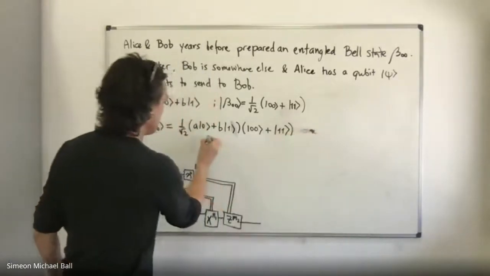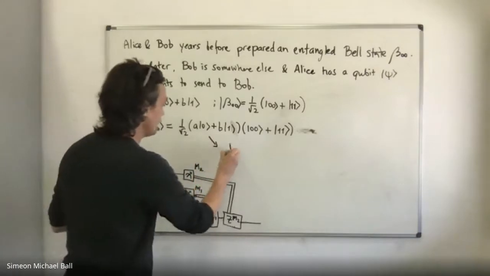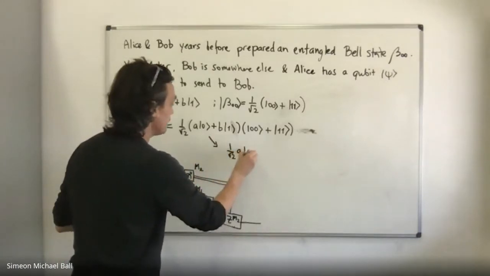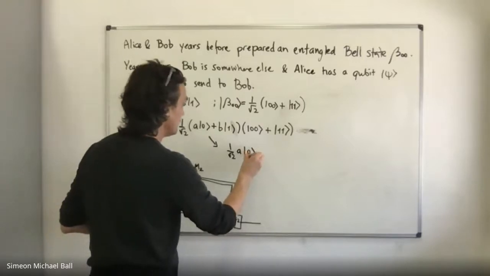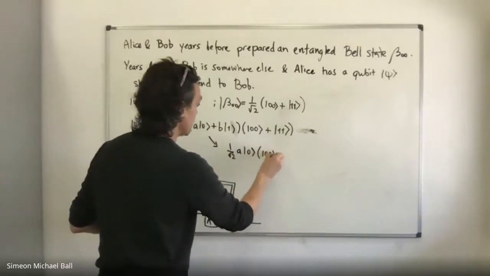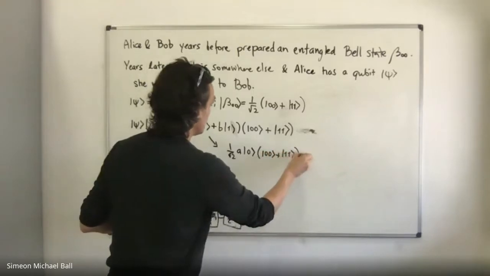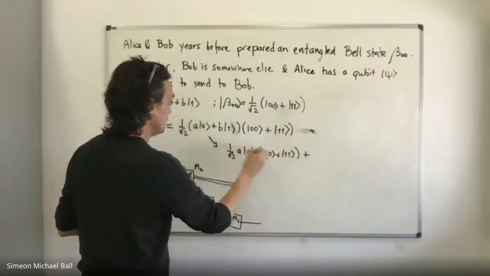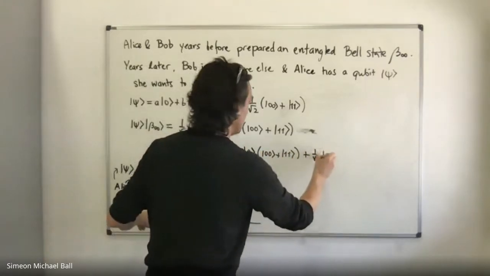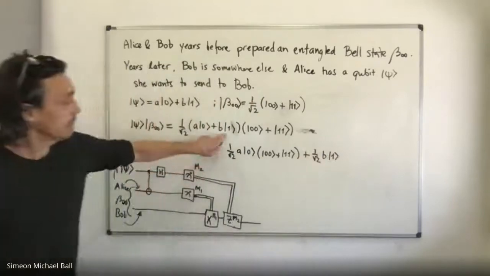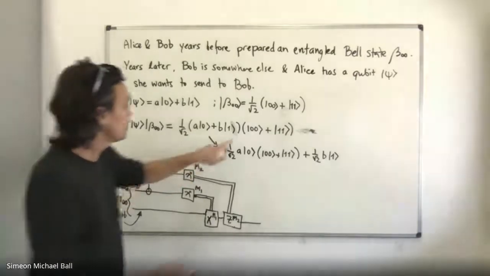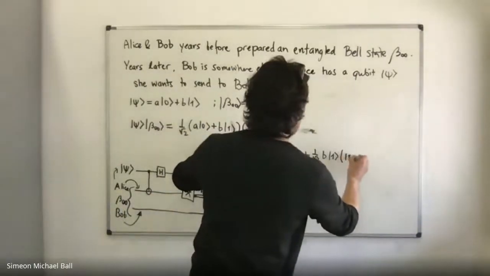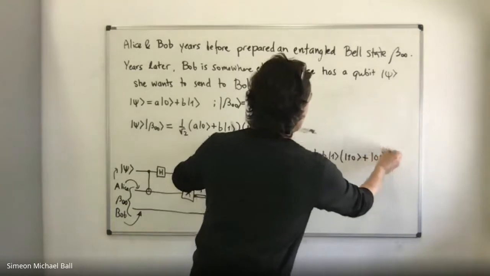This will go to 1 over root 2, A0 times (00 plus 11). Now when I expand this bracket and I've got a 1 in the first qubit, the control not is going to flip the second qubit. So I get 10 plus 01.